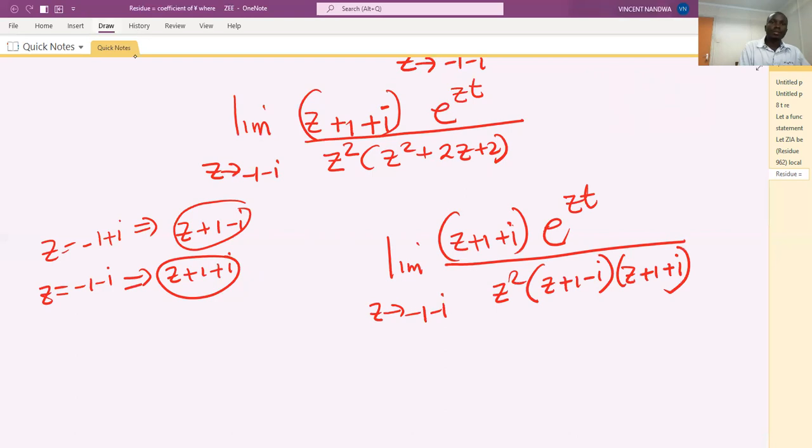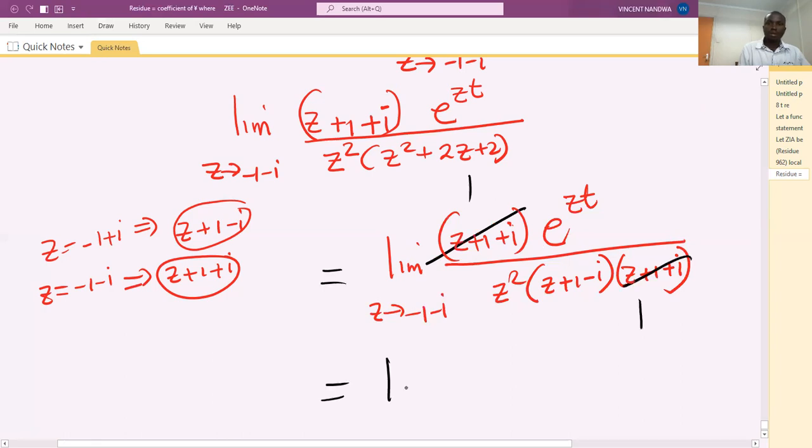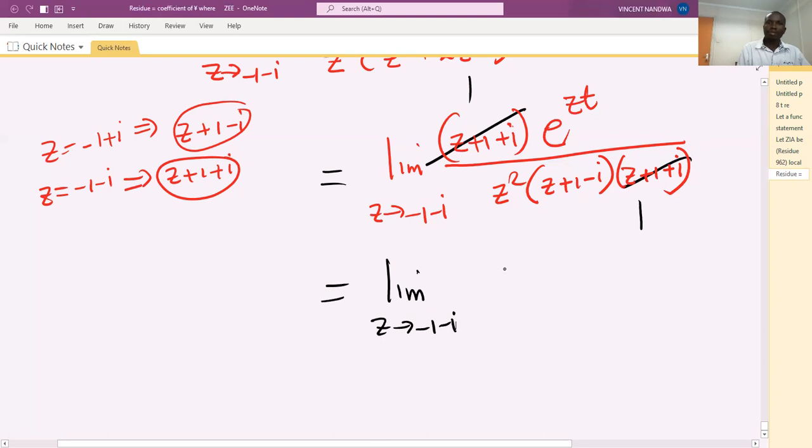So just expressing that quadratic as a product of its factors, this and this cancel out. So we'll have the limit as z approaches -1 minus i of e raised to the power zt over z squared times (z plus 1 minus i).